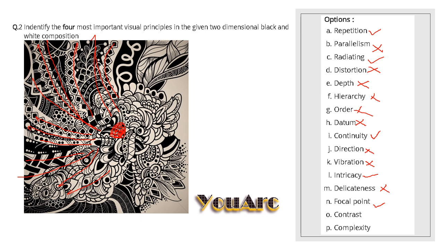It is preset. If you want, you can give contrast also according to me. Complexity, I feel it is a little complex. It is not a very simple composition. We know what is complex meaning, right? Yeah, it is complex. So these are the answers.